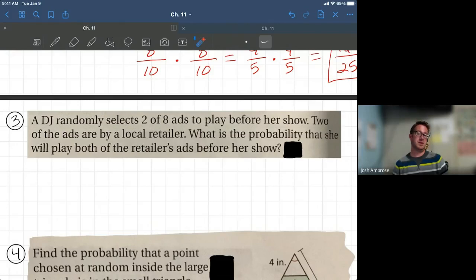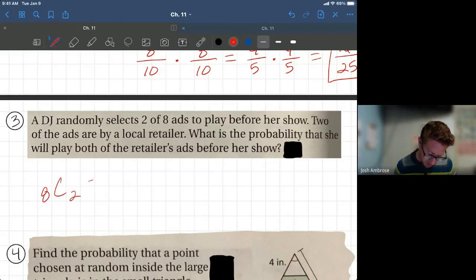Combination, order doesn't matter. Now you got to think back, how do we write those combinations? By putting the biggest number in front, combination, smaller number second. Remember how we do this in the calculator? You put 8 and go math, probability, combination, then put 2, then hit enter.